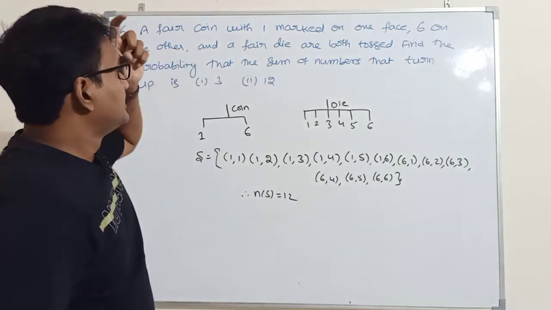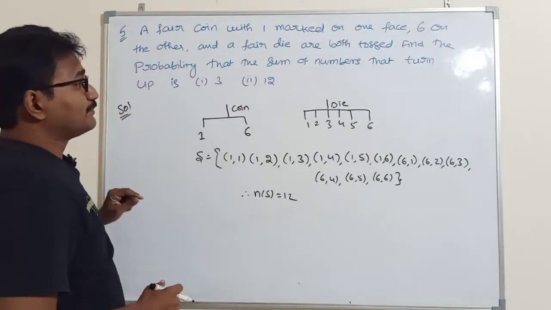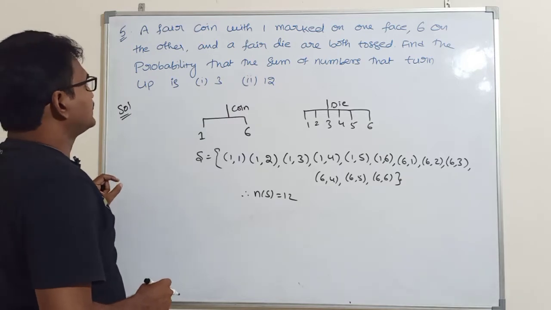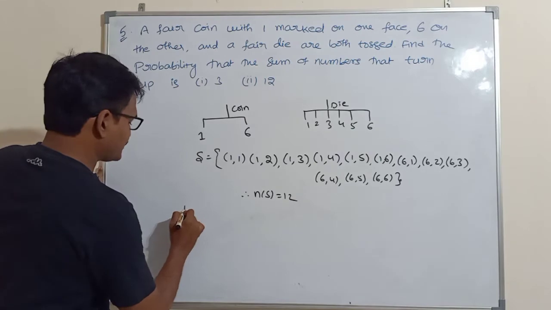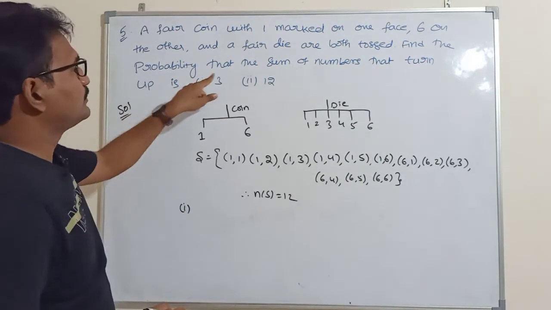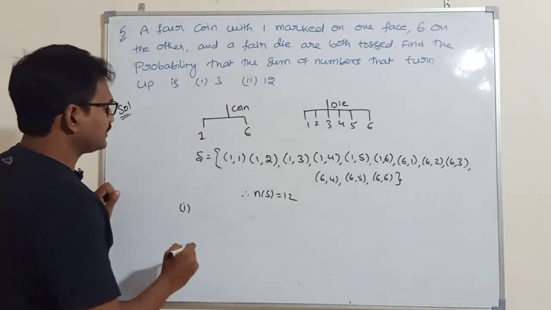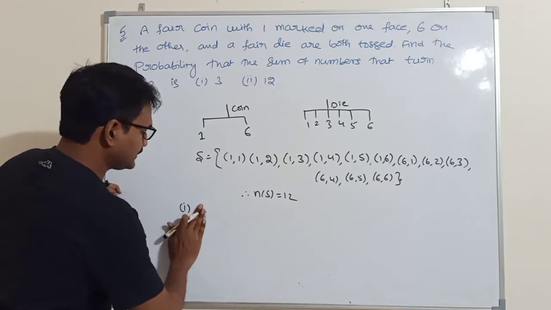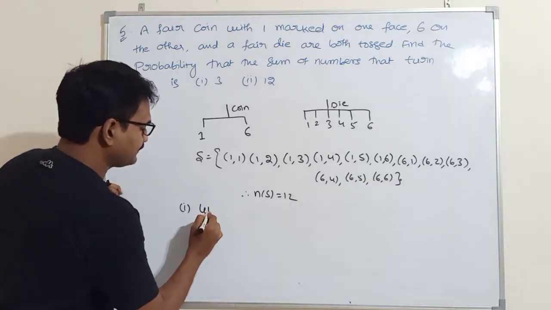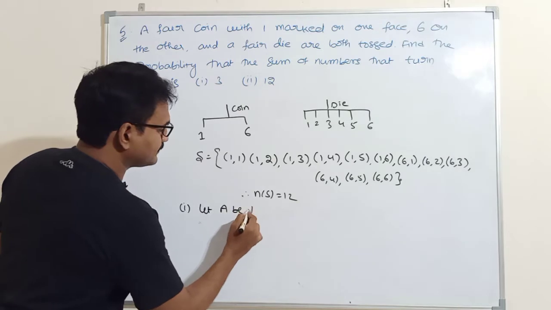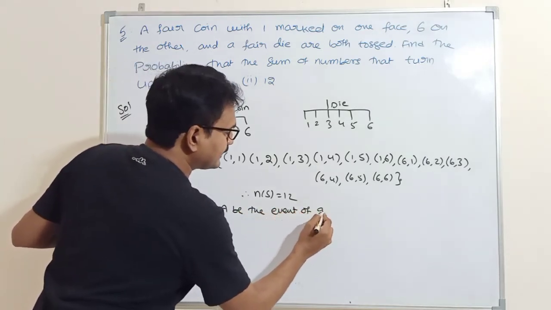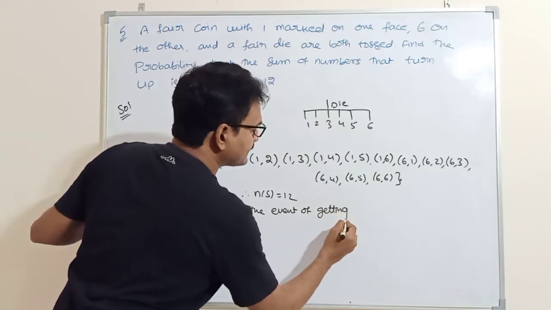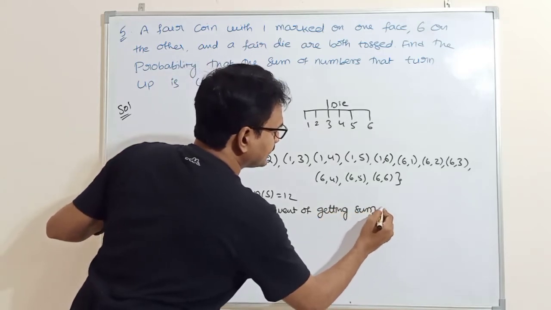Next, find the probability that the sum of the numbers that turn up is 3. Let A be the event of getting sum 3.